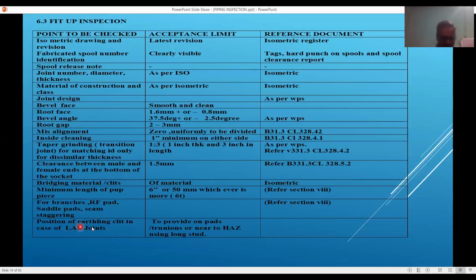Position of earthing cleats in case of low alloy steel joints: provide them on pads, trunnions, or near the HAZ, using a long stud. HAZ means heat affected zone. But you should not attach the earth at the end of the pipe because it will create a spark.